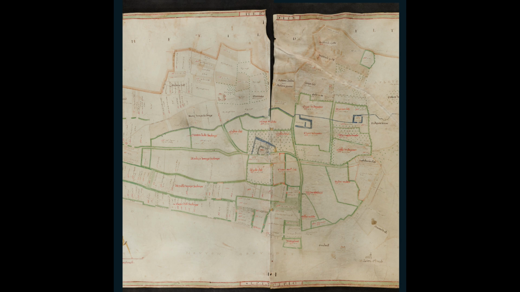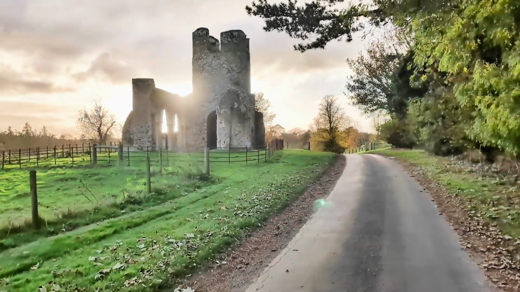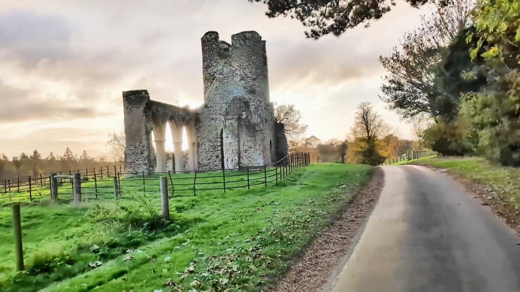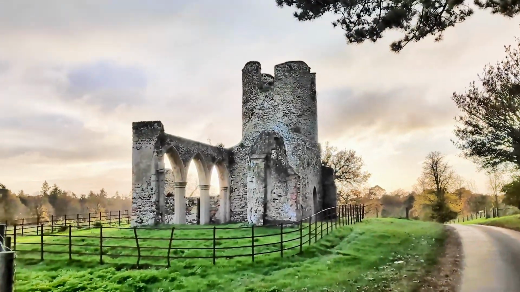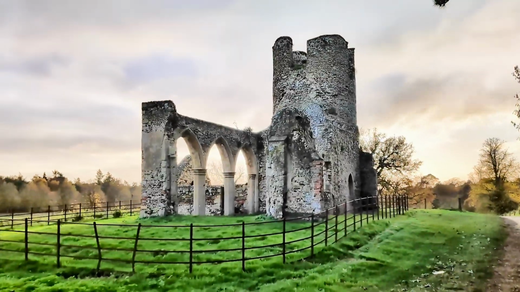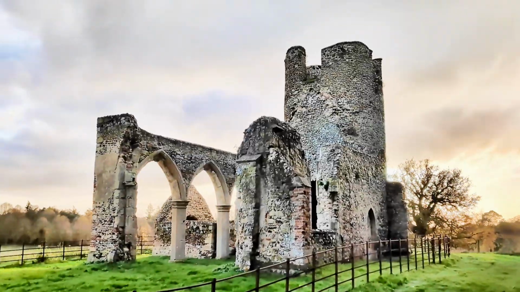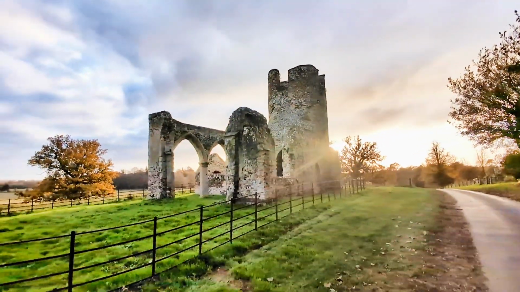Steeped in history. Well, folks, as you can see, we're now at the church, eventually. It's pretty much in ruins, but what an awesome building. Look at that. That's just amazing. Let me put that on wide angle a bit, get a bit more in.